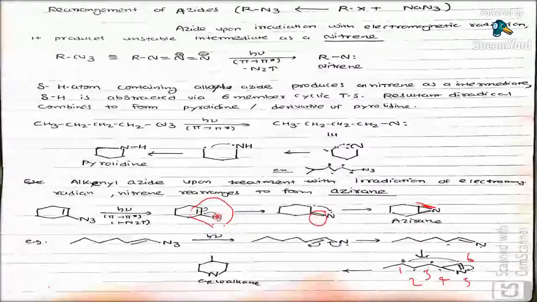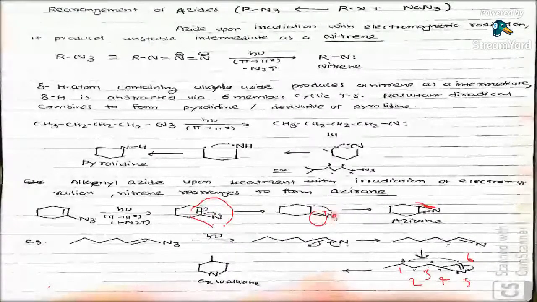Let's see the reaction. So here, as it is a cyclic structure, nitrogen has been generated. Now this nitrogen will have two electrons. One of the electrons will be there, and this double bond will again have two electrons. So the two radicals will be there. One radical will combine with this radical, so there will be formation of a double bond there.